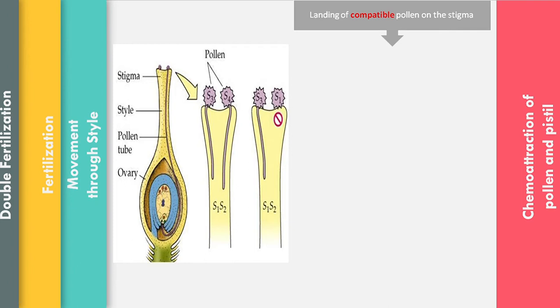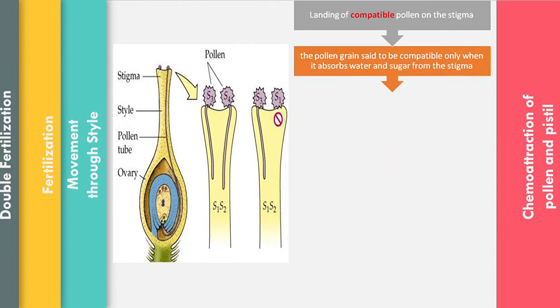The pollen grains will land on the stigma, but only the compatible pollen grains will form the pollen tube. What do you mean by compatible pollen grains? See, there are some substances like water and sugar which are released by the stigma, and they are absorbed by the pollen grains which land on the stigma.